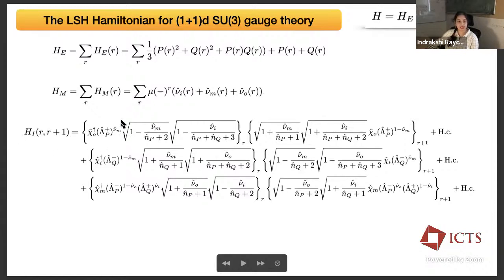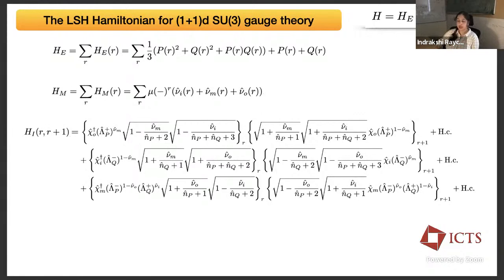If you look here, this is a set of ladder operators defined at site r, and these are another set of ladder operators defined at site r plus 1. Combinations of them appear, where you can see the ladder operators corresponding to O, I, and M. Those are the three fermionic degrees of freedom, nu I, nu M, nu O, that I mentioned earlier.